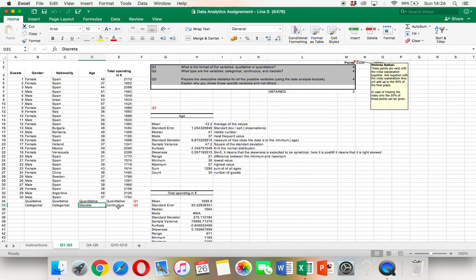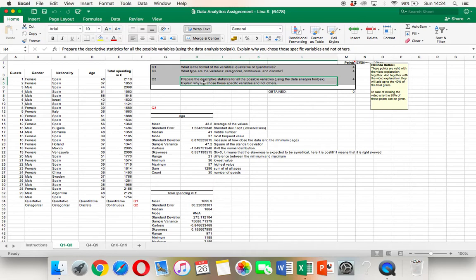Then we can move to the third question, which is: prepare the descriptive statistics for all the possible variables using the data analysis toolpack. Explain why you chose those specific variables and not others.